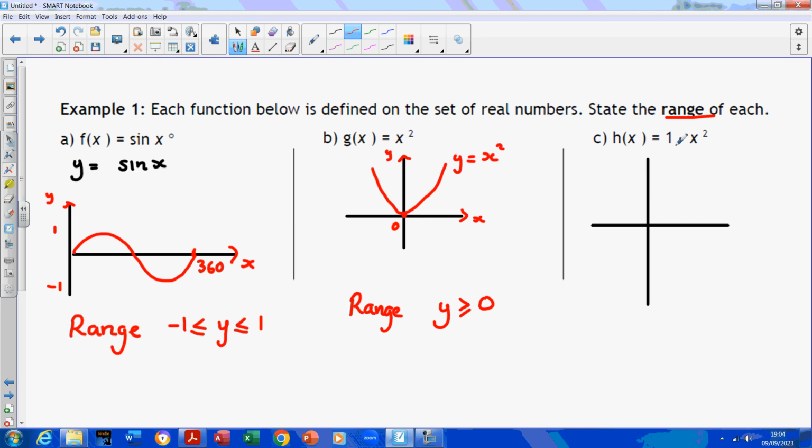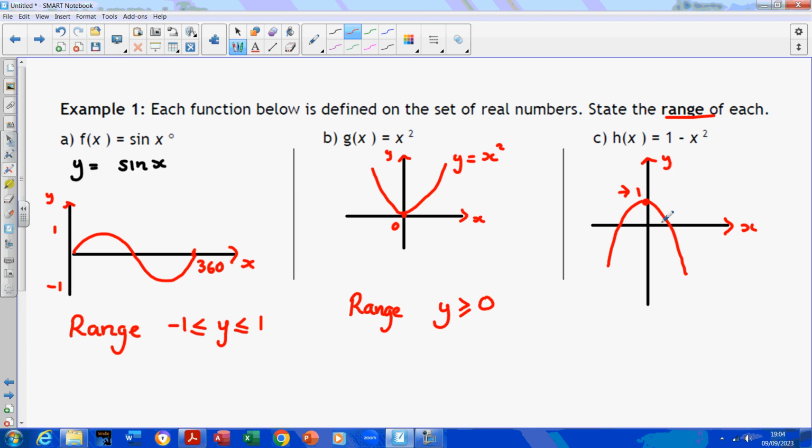Now, if I've got 1 minus x squared, then I've got a parabola going up to 1 and down like that. You don't need to worry about this right now, okay? That wee value there is going to be up at 1. That's your x numbers, that's your y numbers.